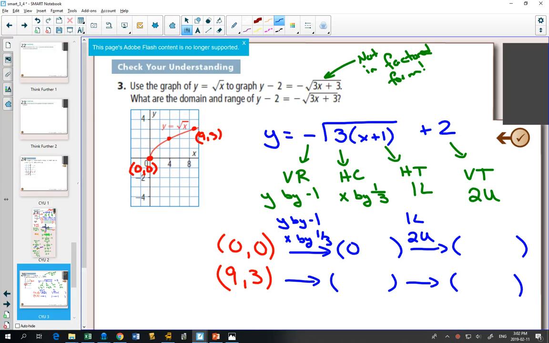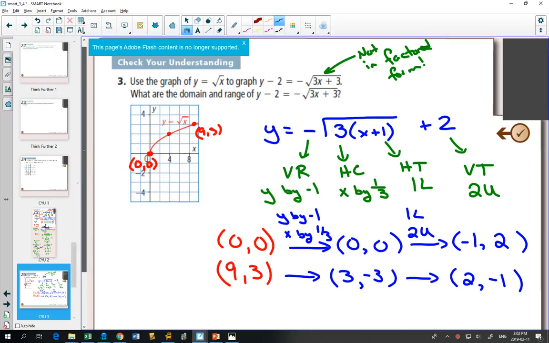Well, x by 1/3, this will still stay 0. This one becomes 3, and that's why we chose that point. Y by negative 1, this would still be 0, but this will become negative 3. Now we need to move everything 1 to the left, so that'll be negative 1, and this will be 2. And finally move everything 2 up, that'll be 2, and this will be negative 1.